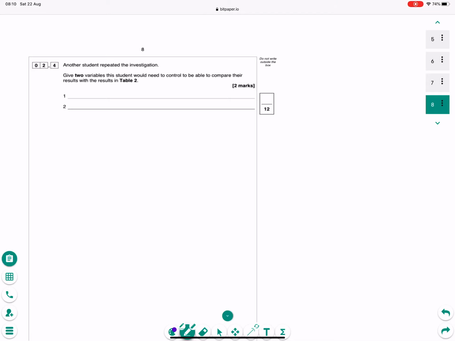Okay, so in a repeat of the experiment, you're going to keep all sorts of things the same. So this could be the current supplied to the heater, the greater the current, the greater the energy, the greater the heating effect. So you're going to keep that the same. And well, the material, I think, same metal block.